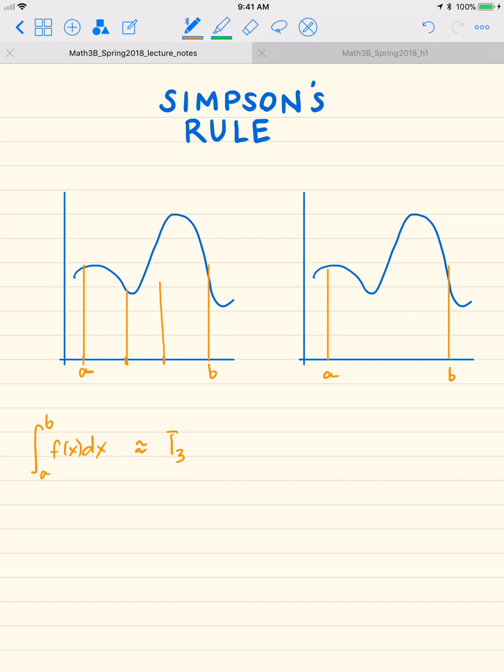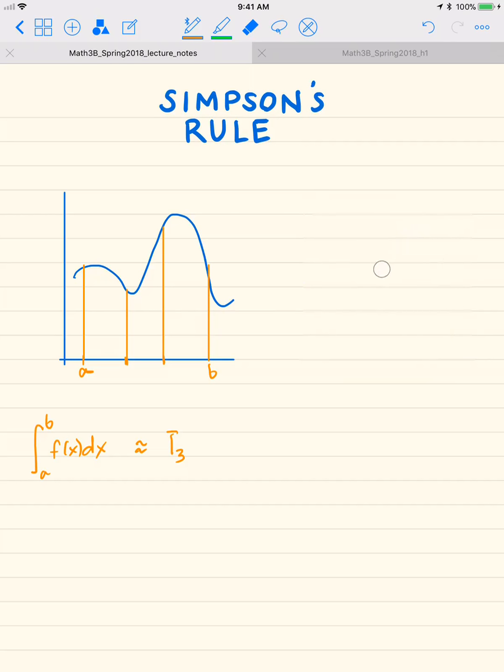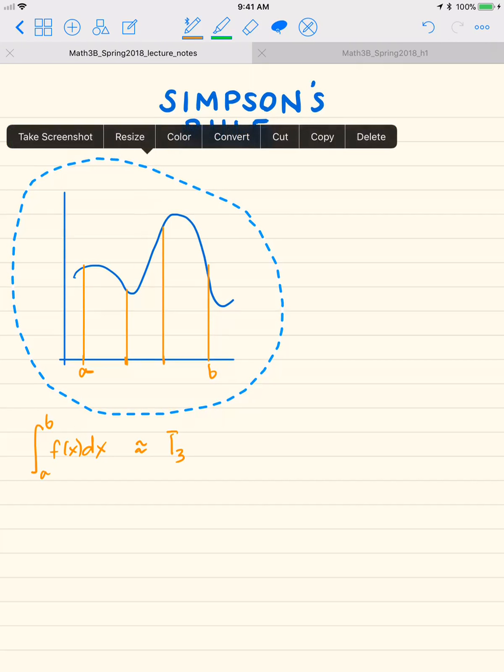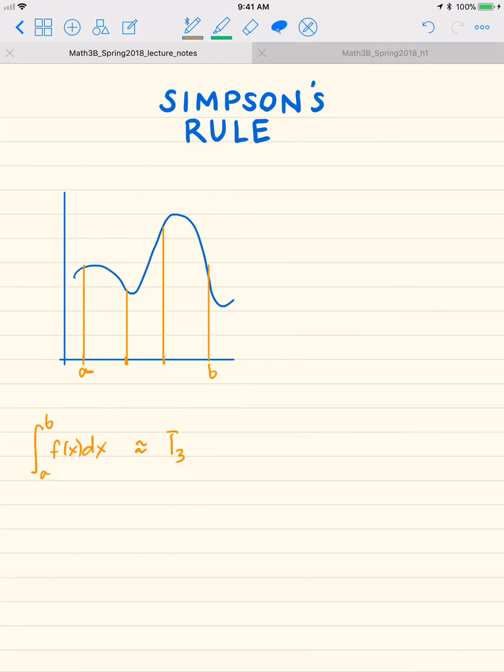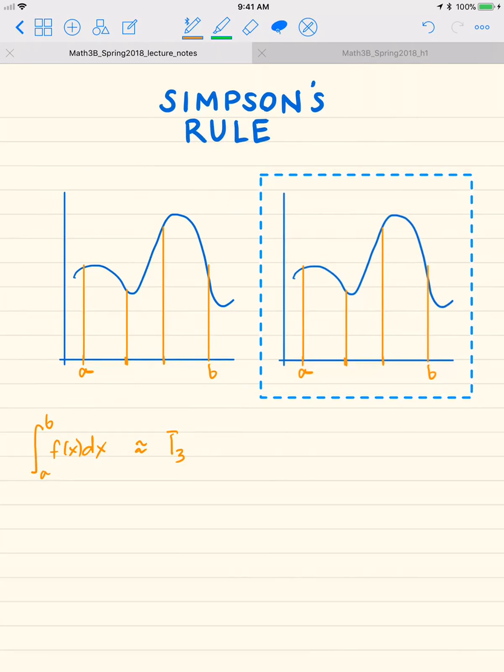Okay. And then on these 3 subintervals, in fact, let me just erase this over here. On these 3 subintervals, essentially what we're doing is approximating the function by a bunch of line segments.